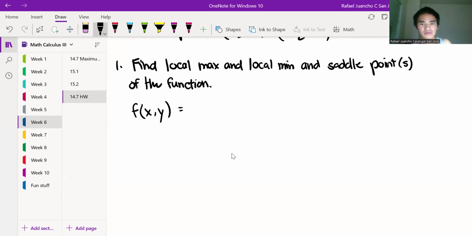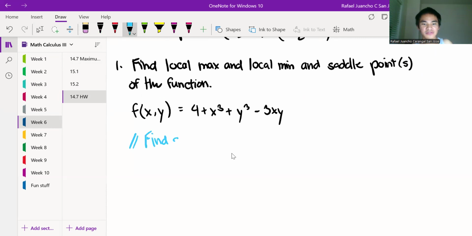So this is 4 plus x cubed plus y cubed. And I think the other one was, oh, this is minus 3xy, right? I erased the whole thing. Minus 3xy. Okay. So I attack the problem like so.